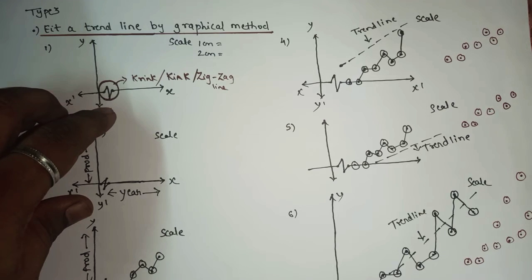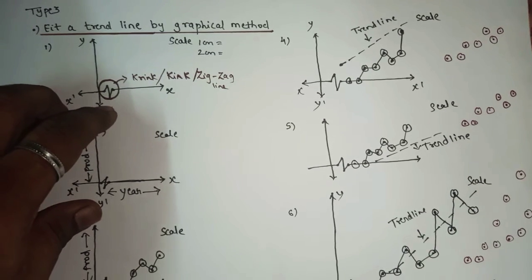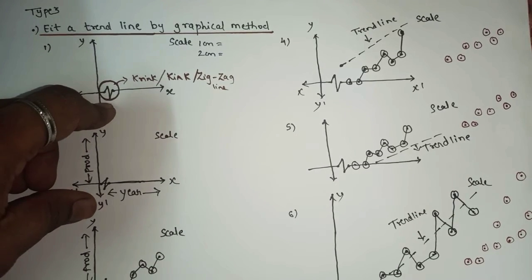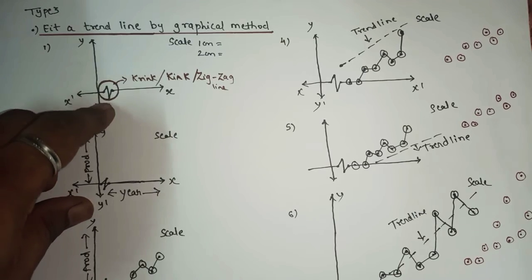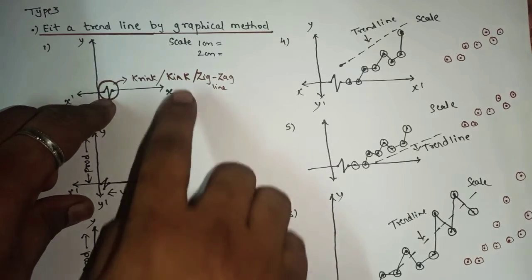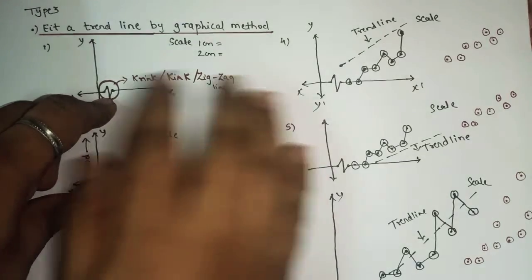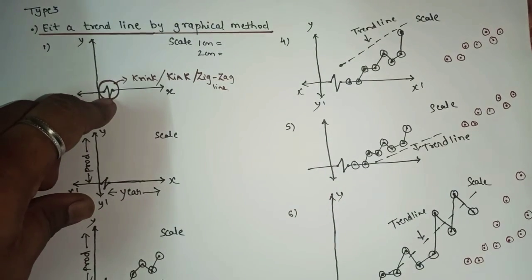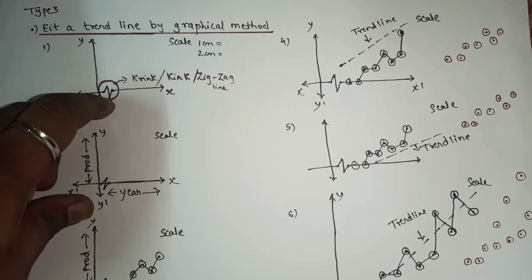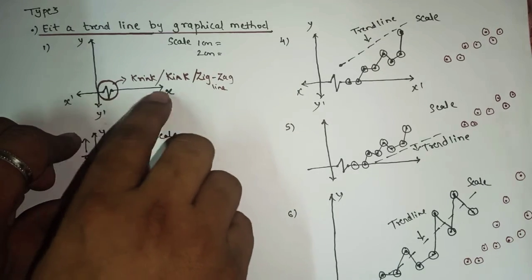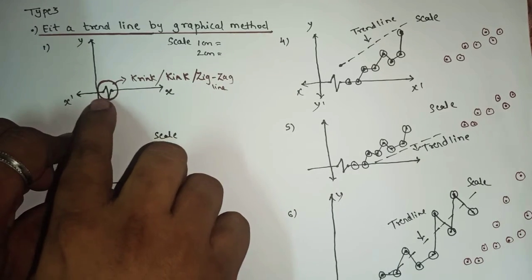If in case you don't know, I will explain why we draw this symbol on a graph paper. This symbol is known as the crink symbol, or kink, or else we can use zigzag line also. It is usually drawn on the x-axis near the origin.